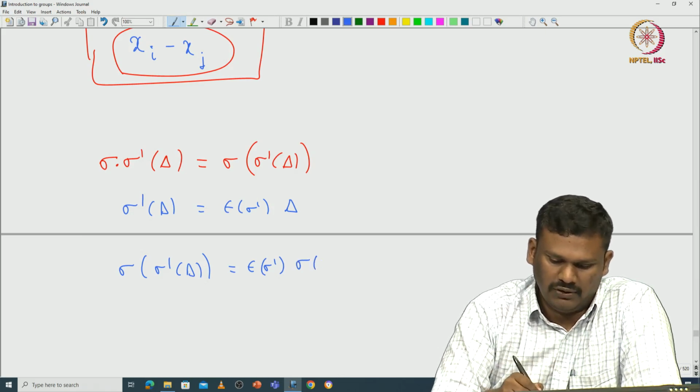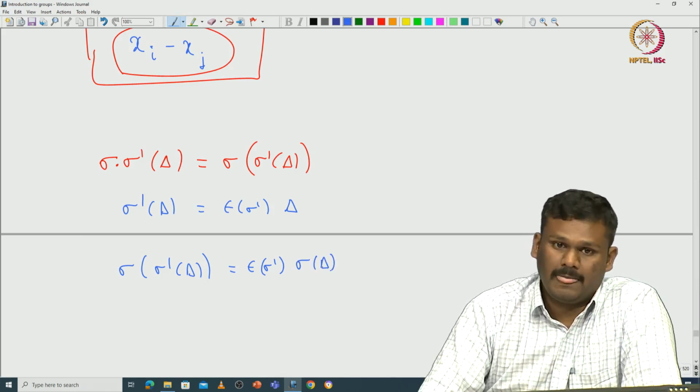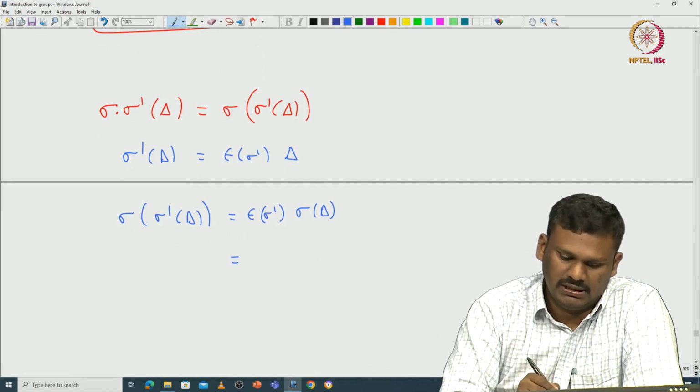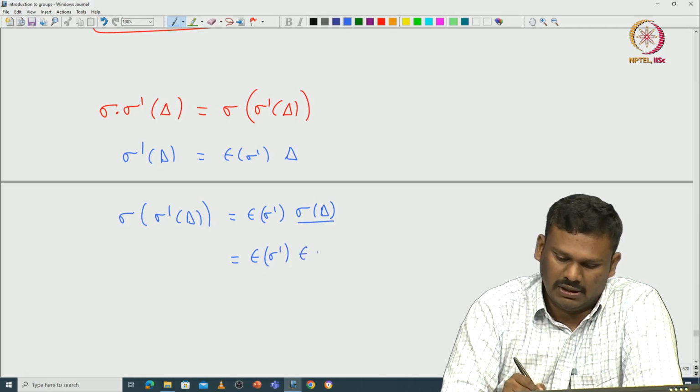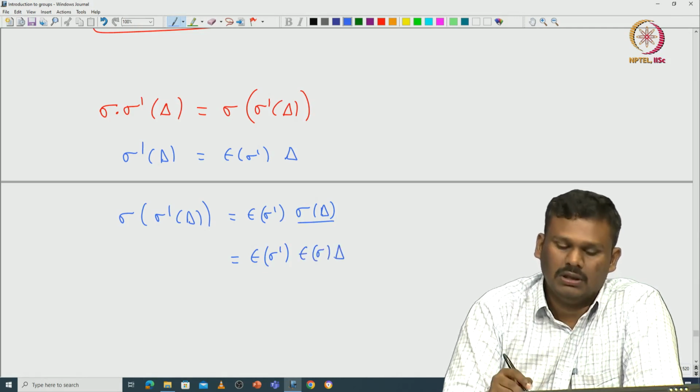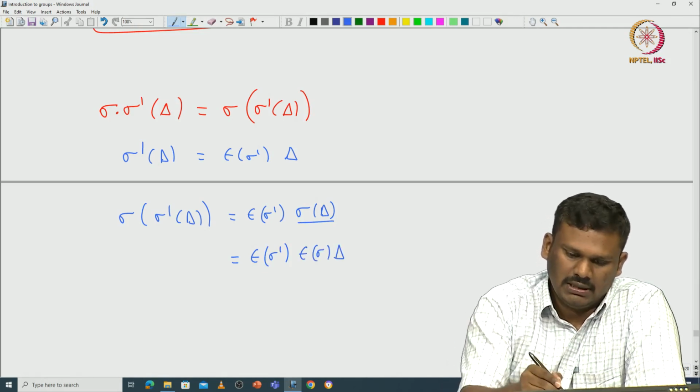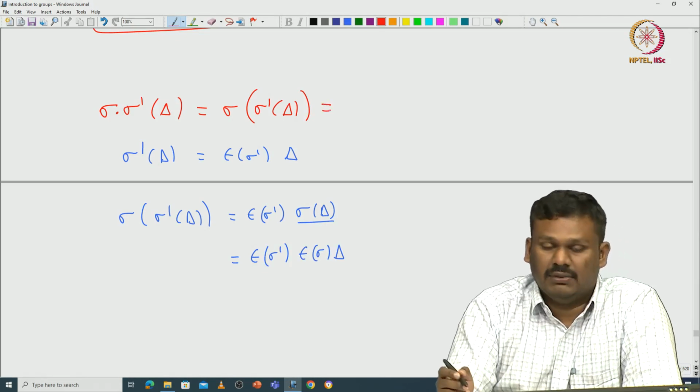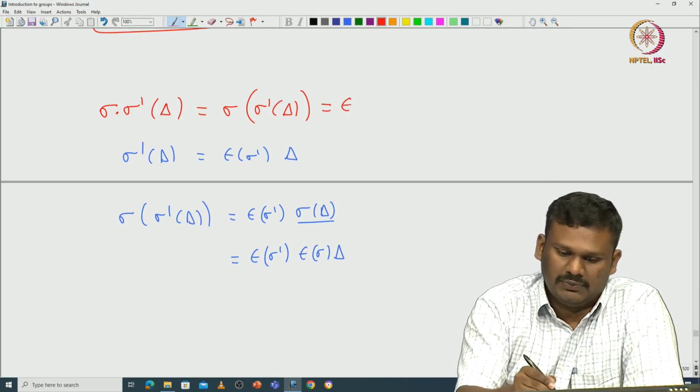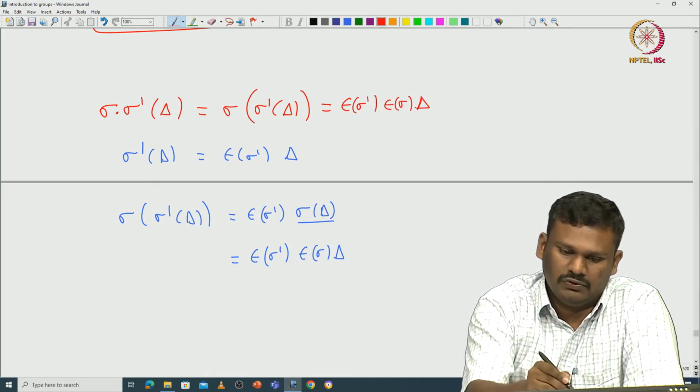Then it gives you sigma of delta, so sigma of delta can be replaced by epsilon of sigma times delta. This says that sigma sigma dash delta is nothing but epsilon of sigma dash times epsilon of sigma times delta. This is what we get.